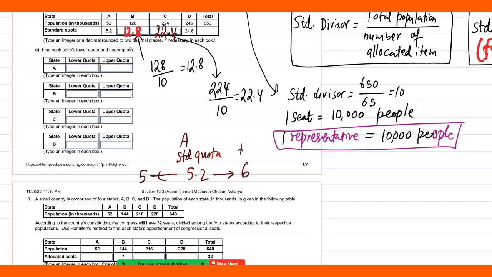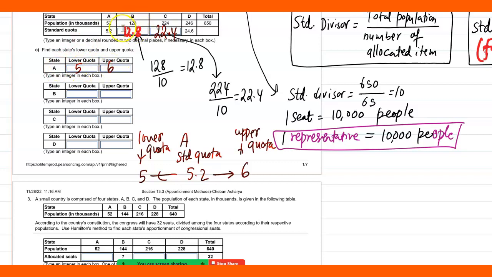Rounding up gives the upper quota, and rounding down gives the lower quota. Therefore, for A, 5 is the lower quota and 6 is the upper quota.